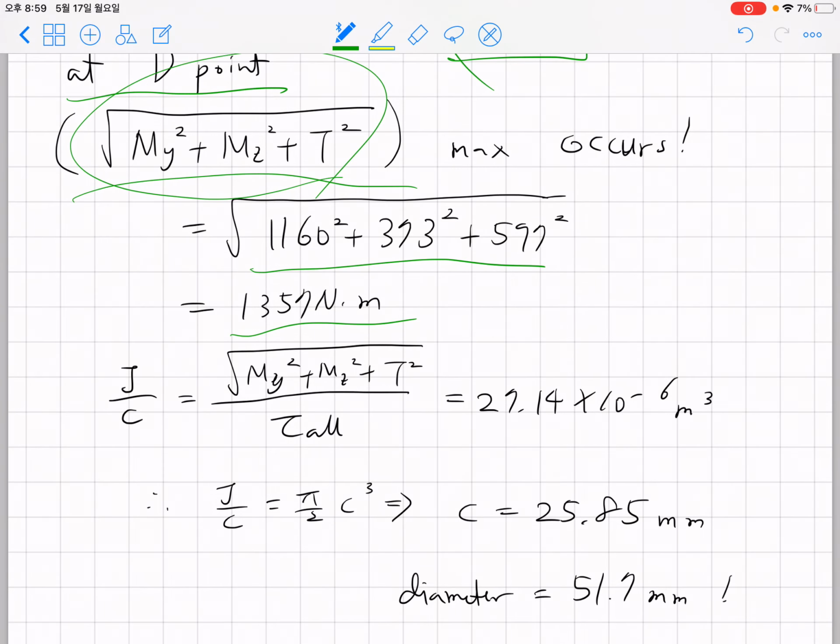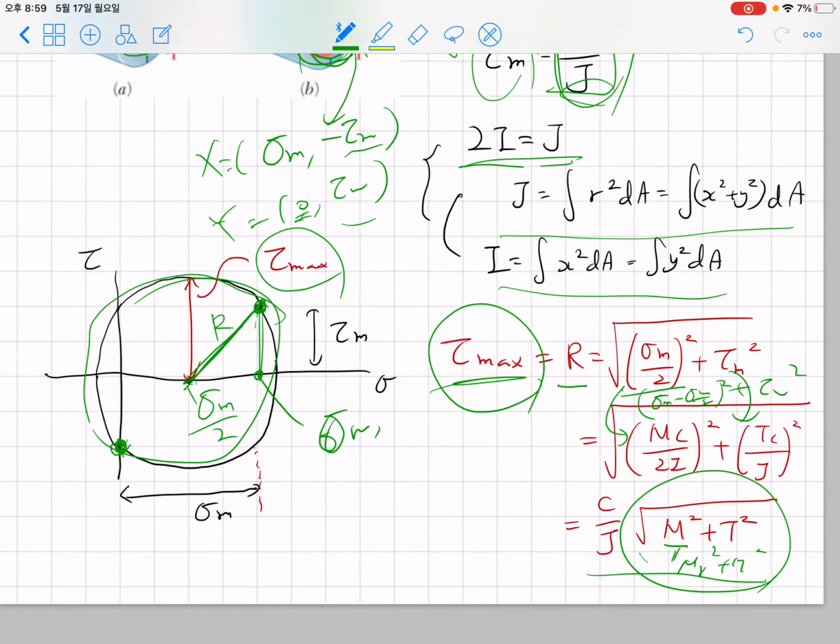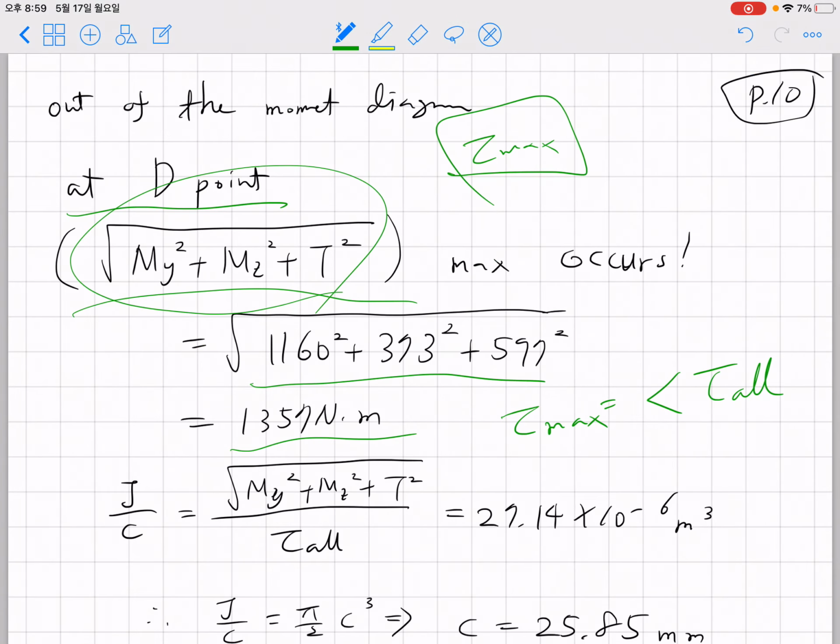And what you can identify is that this must be smaller than the allowable stress, and this is the same as c over J times the square root value. Okay, so after plugging in the square root value here, c is our unknown, and J we can obtain from c.